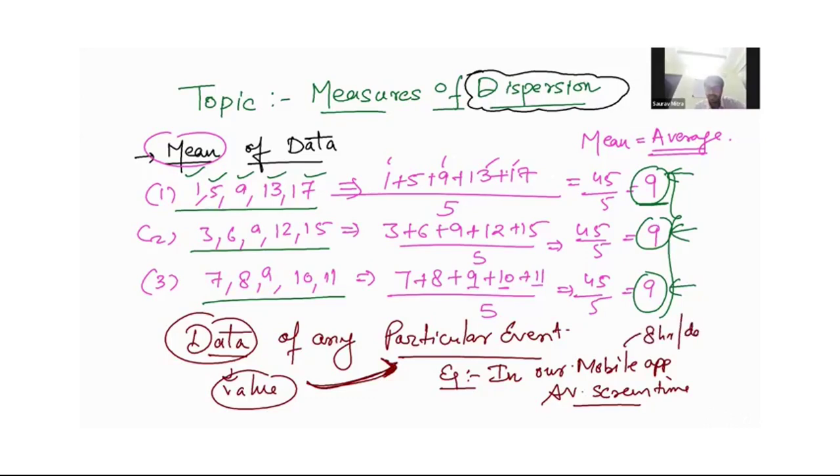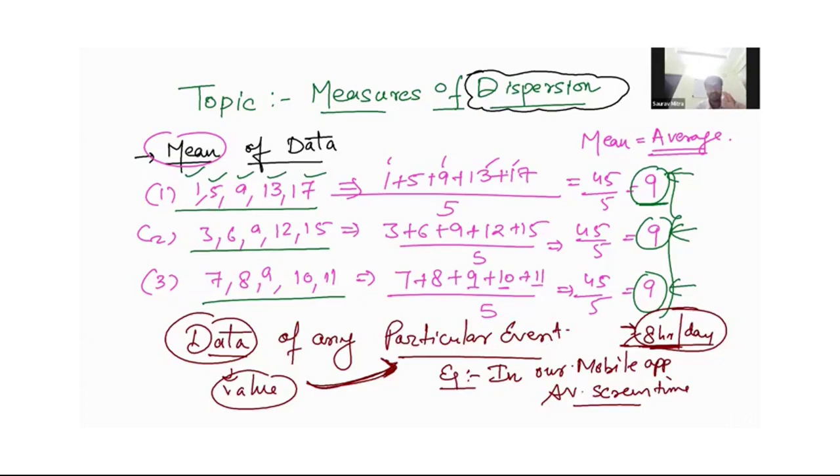On Sunday, it will show you a result that your average screen time is 8 hours per day. That means Monday, Tuesday, Wednesday, Thursday, the whole week, you are using the mobile approximately 8 hours. One day you used it for 10 hours, one day for 6 hours, 7 hours.